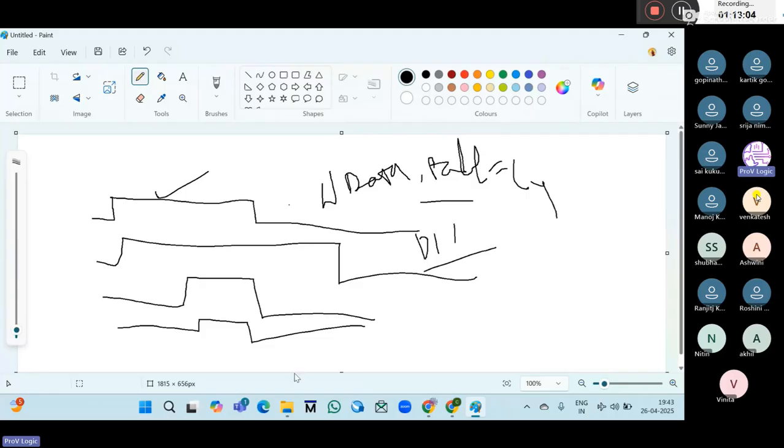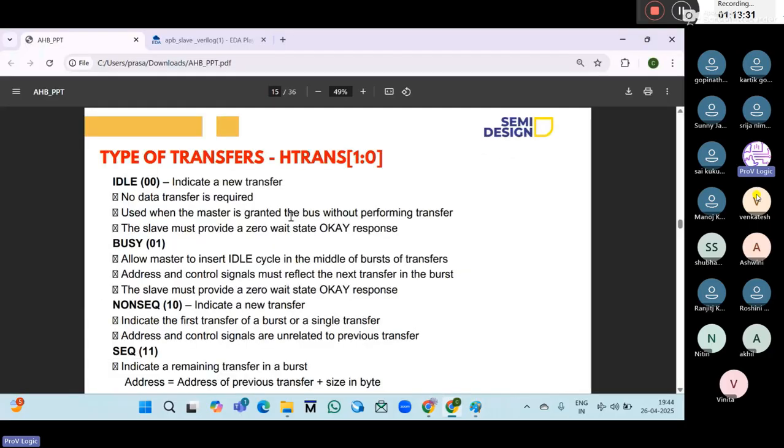Based on the PREADY signal, whenever it is high we can pass the data. In parallel we check whether it is a write or read operation, PSEL is high, PENABLE is high, PREADY is high, and only then can we initiate the write or read transfer in one go. Within one transfer we can send 8 bits of data. Here, in the same way, we can't transfer in one go.